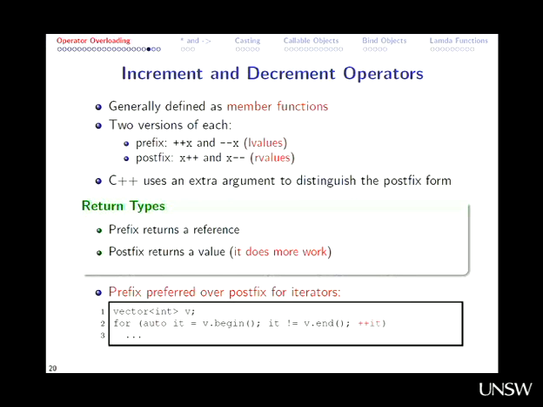I'm going to come back to explaining it, but the short version is that for plus plus, the prefix modifies the L value directly. The x plus plus, which is an R value, and remember an R value is temporary, has to go get the value, increment it, create that as a temporary, and then copy it back across into the original thing. And so performance-wise, that's a lot slower.